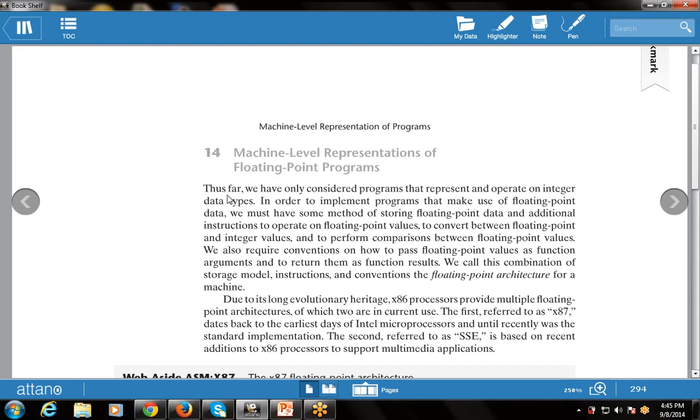This says, thus far we have only considered programs that operate on integer data types. As I told you, till now we are using only programs that operate on integer values.